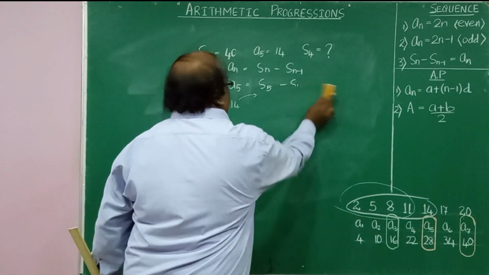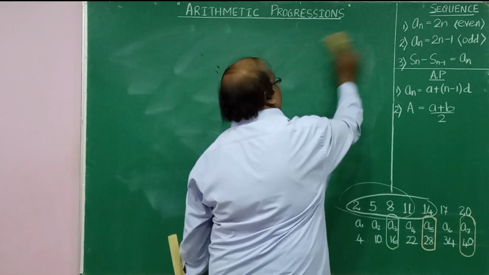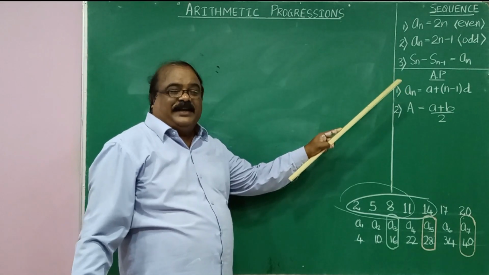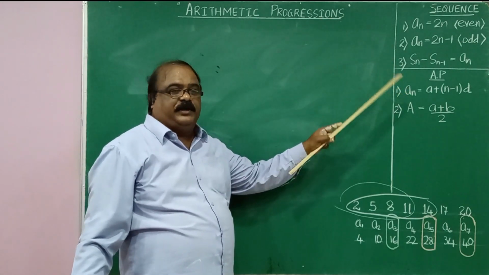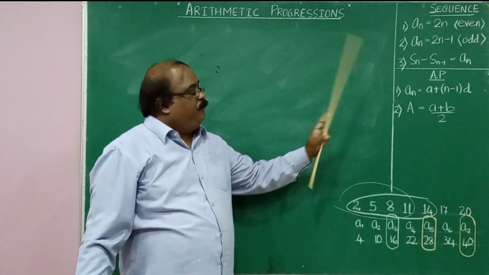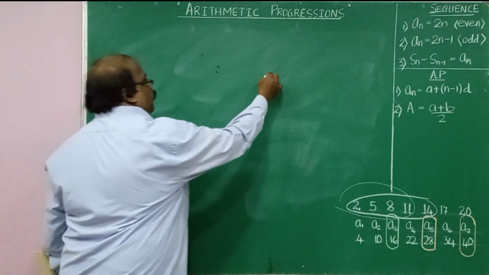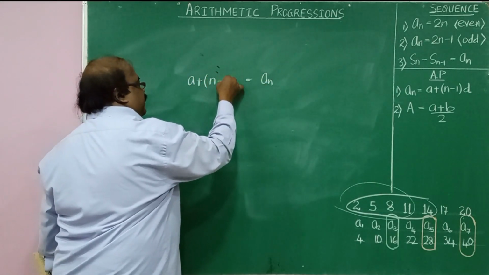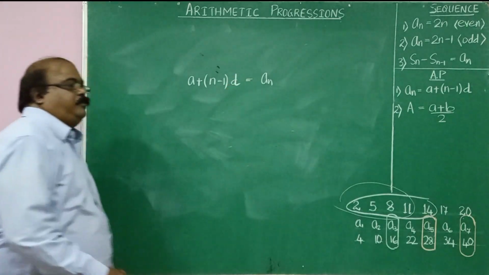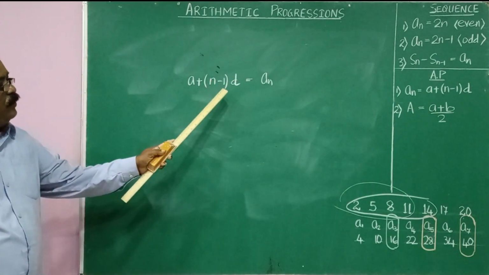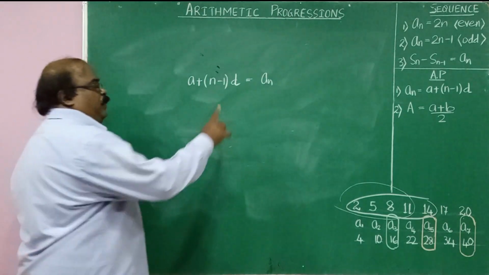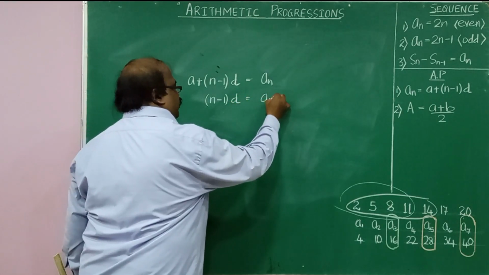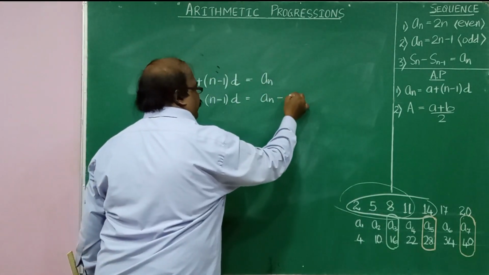We come back to formula number 1 in arithmetic progression. We have used formula number 1 to find the 10th term, or if I ask to find the 20th term of the given arithmetic progression, we use An is equal to a plus (n minus 1) into d. Now, if I ask you what is d, how will I find out what is d? First step, (n minus 1) into d is equal to An, plus a going that side, minus a.